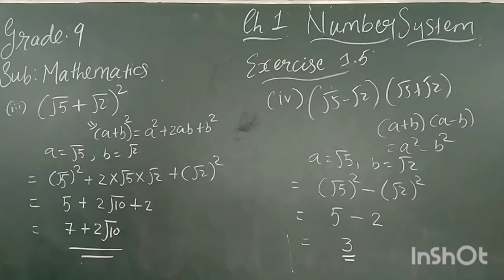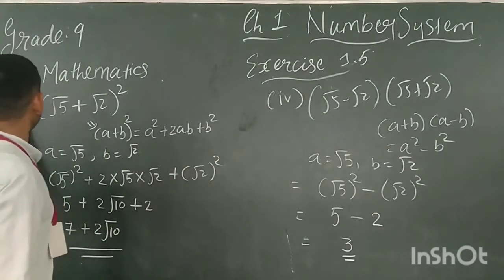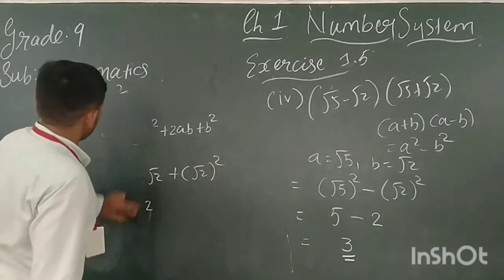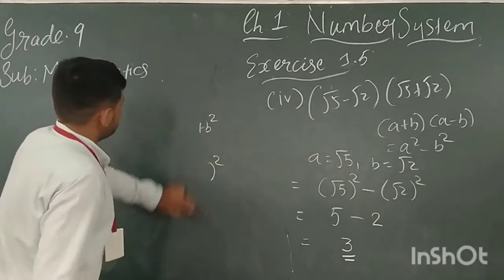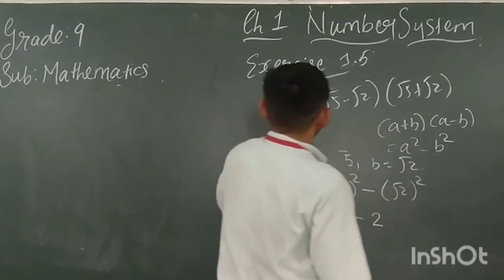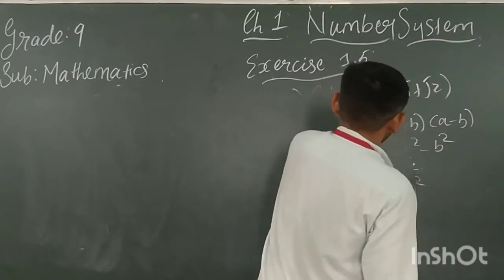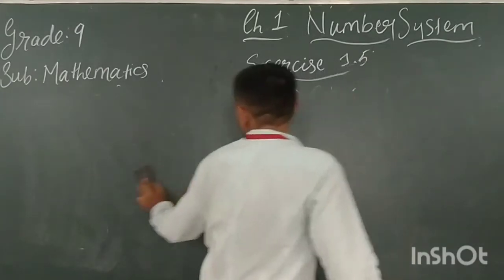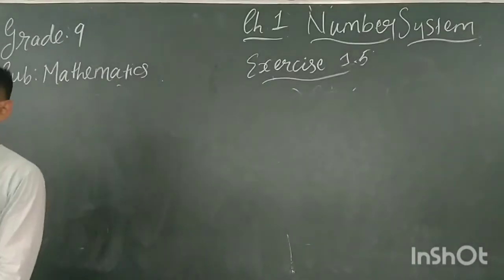Now we shall directly move towards question number 5. The examples related to question number 5 were solved by us in the previous lectures. Question number 5 is rationalize the denominator.